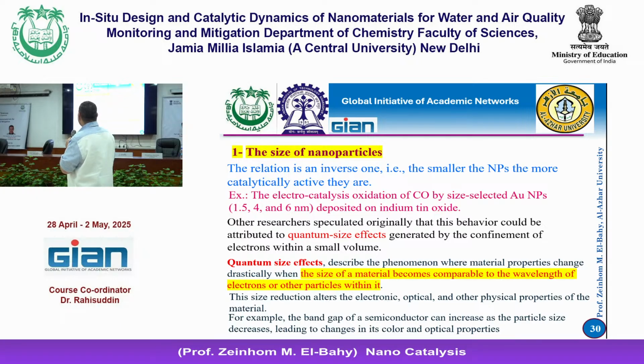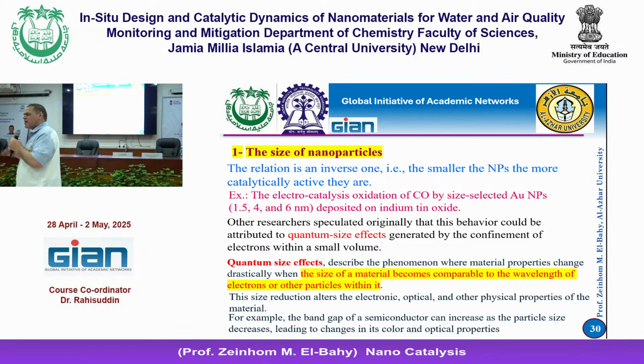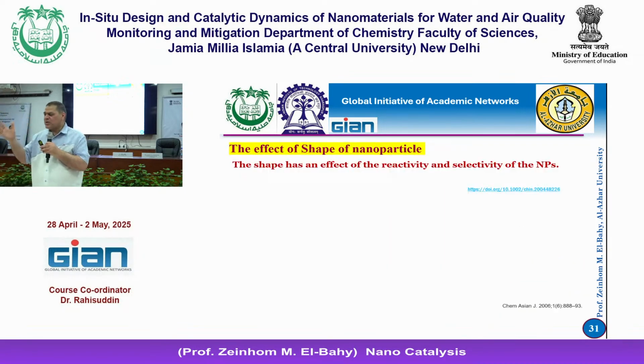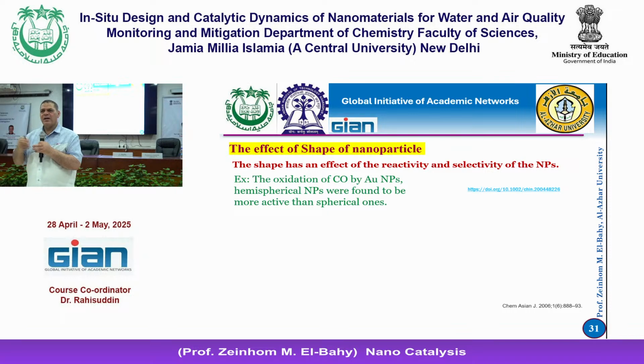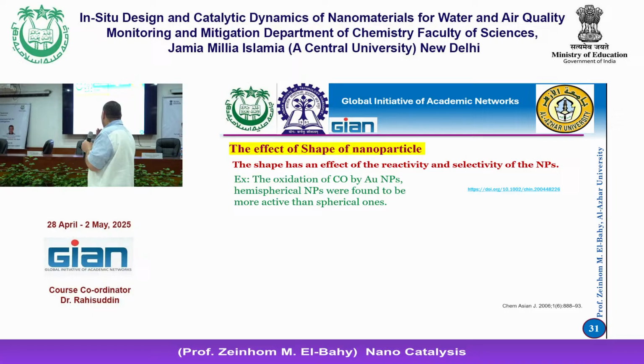What about the shape of the nanoparticle? There are different shapes of nanoparticles, as we mentioned in previous slides: spherical or hemispherical, rods, maybe cubic, or core shell, star, ring, different shapes. When the shape is different, of course, the catalytic activity is different.